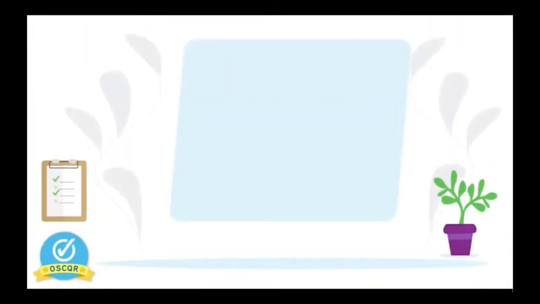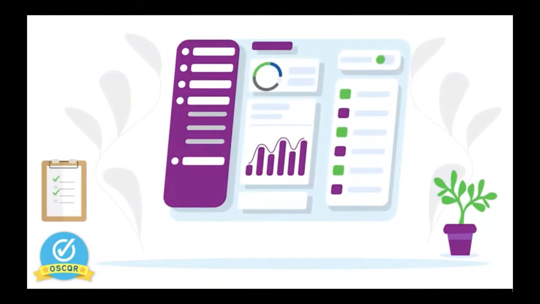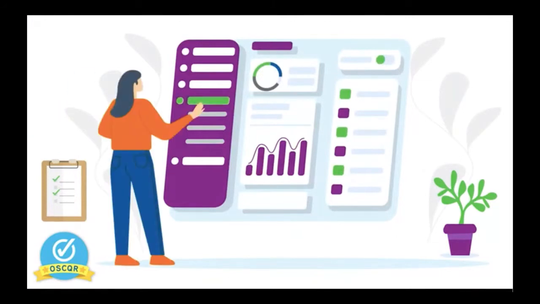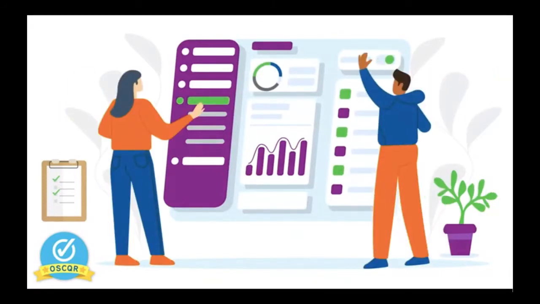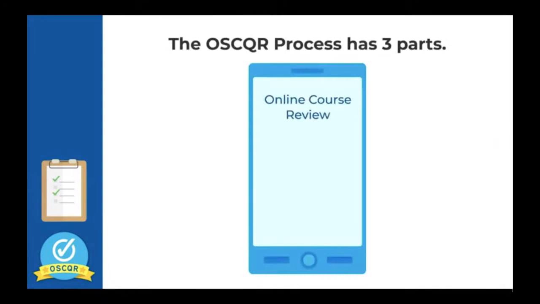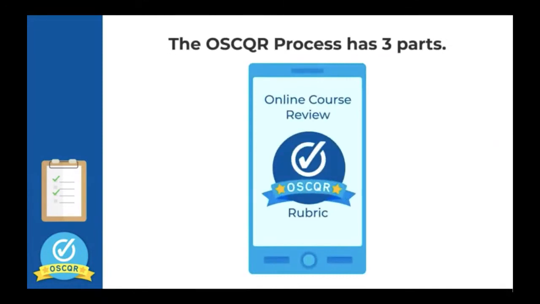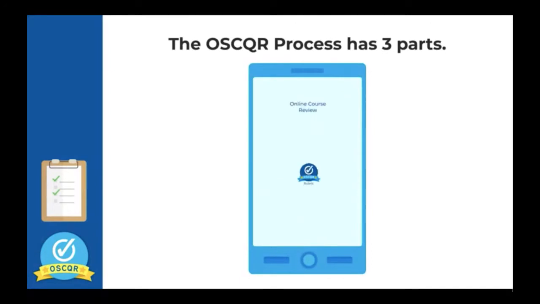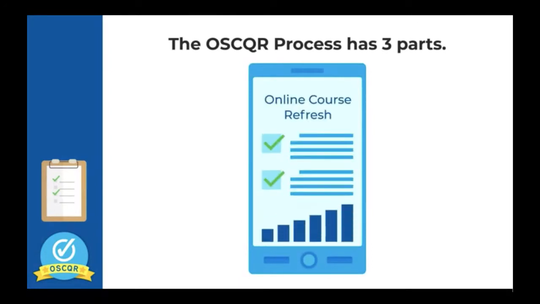The OSCAR process provides a framework and a dashboard to support a campus-tailored and scalable approach to improving the instructional design and accessibility of online or blended courses. There are three parts to the process. The online course review, using the OSCAR rubric, yields an action plan that informs the online course refresh process by targeting areas for improvements.